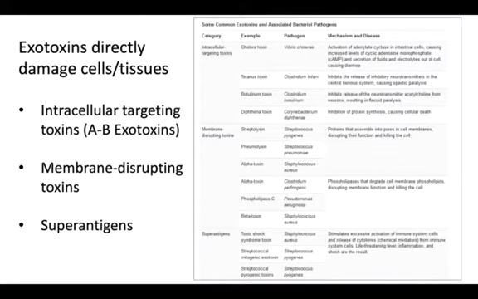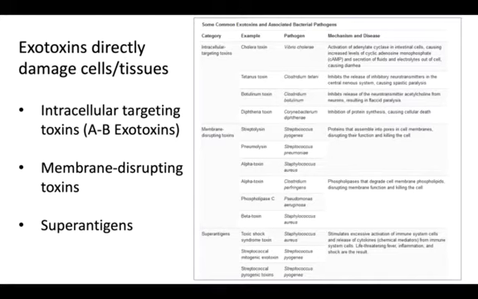So the intracellular targeting toxins, your AB exotoxins. As you see, you've got two letters there, A, B. And there are two parts to this exotoxin. You've got one part, A, that is the toxin itself, and then B is the binding part of the toxin. So the B part will first of all, carrying the A, bind to the host cell or the target cell.